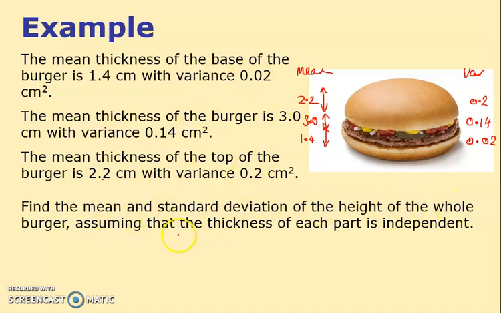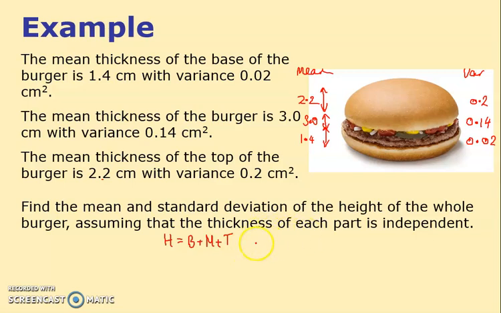Well, I suppose the height of the whole burger is the base plus the middle plus the top. There you go, that's good enough for me. And therefore, using my formula, notice there are no numbers in front of this. It doesn't say like 2b or 3m or anything like that.